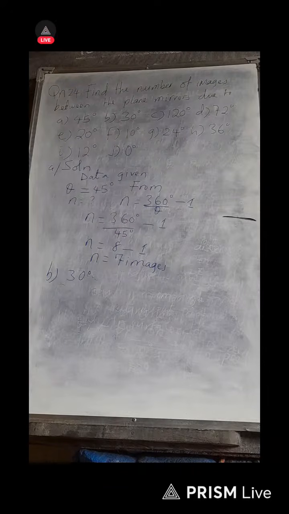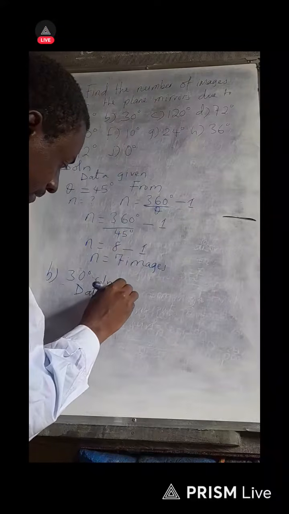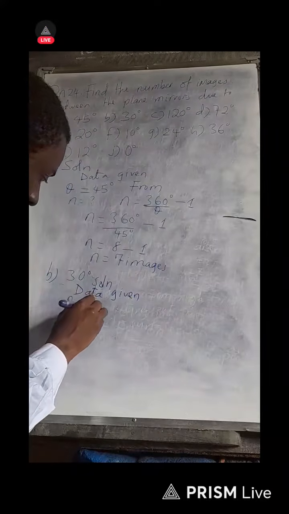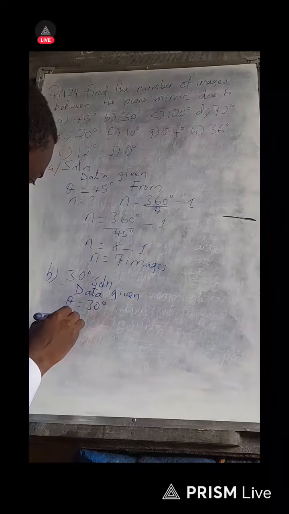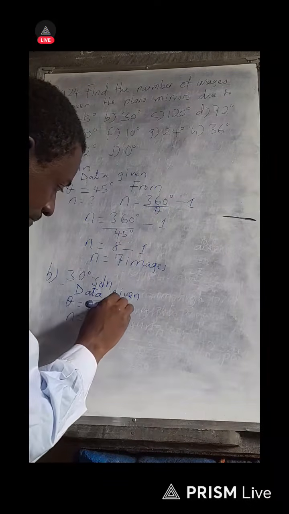Now we can do the following. Here we have the solution, data given. We have theta equal to 30 degrees. We will call the formula.